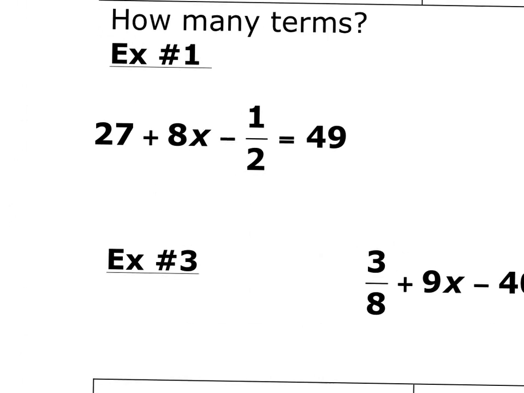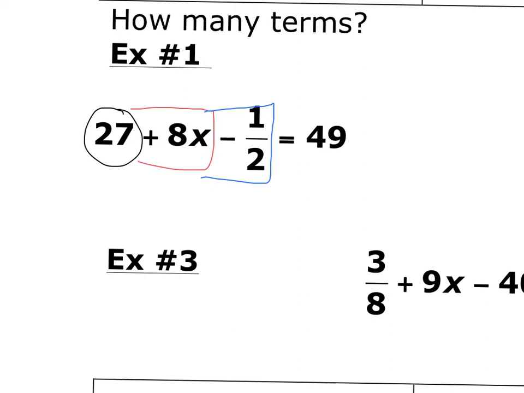So those are what terms are, just different parts of a bigger problem. Let's look at a couple of examples and identify how many terms they might have. For example, on this first one, and I'll do them all in different colors, our first term would be 27. Then we have a positive 8x, and we have a negative 1/2.